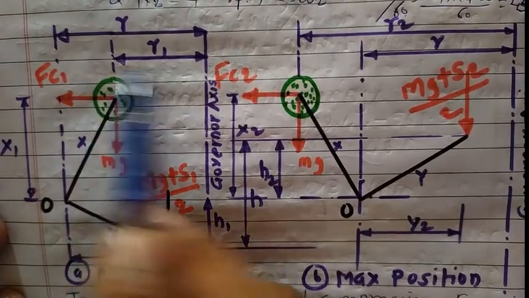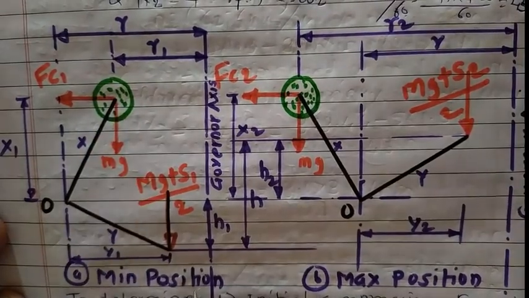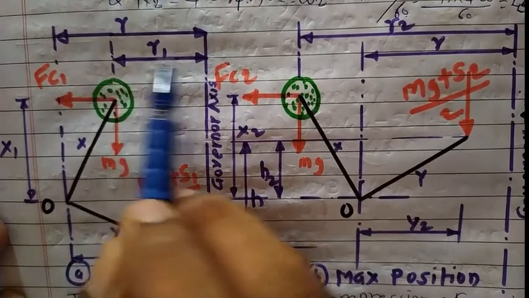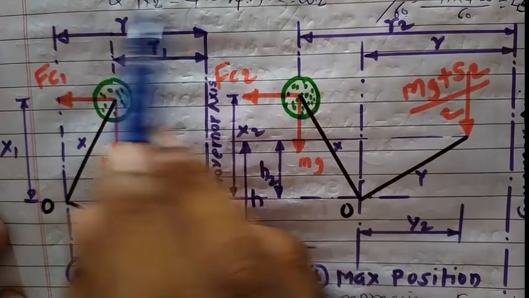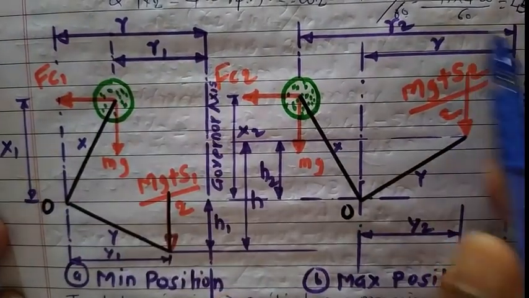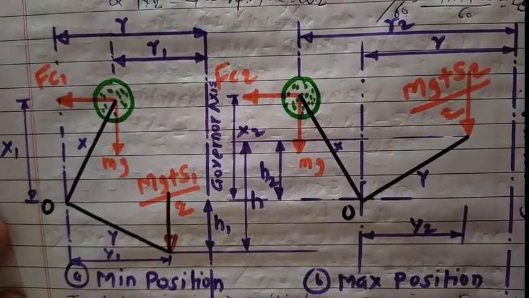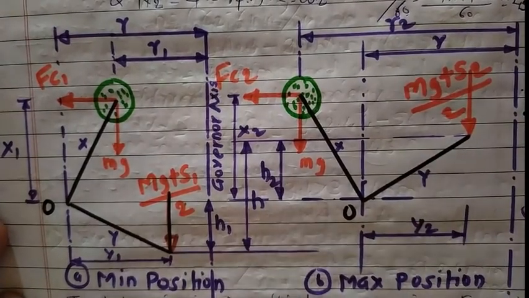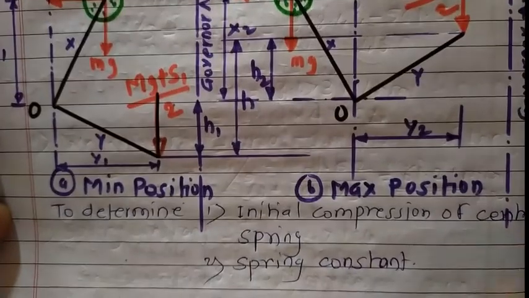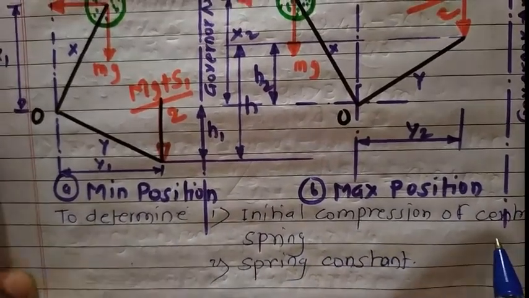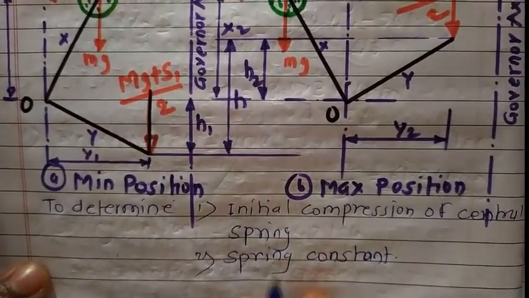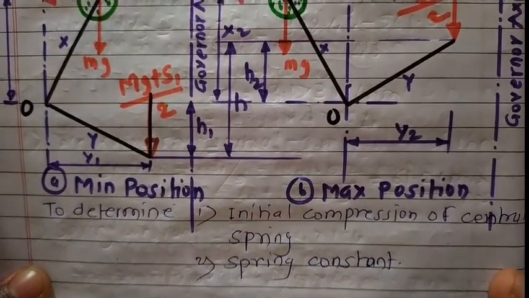This is the minimum position, means corresponding to minimum radius of rotation we have drawn this diagram. Similarly, this diagram is drawn by considering the maximum position. Our ultimate target is to calculate the initial compression of the central spring and the spring constant.